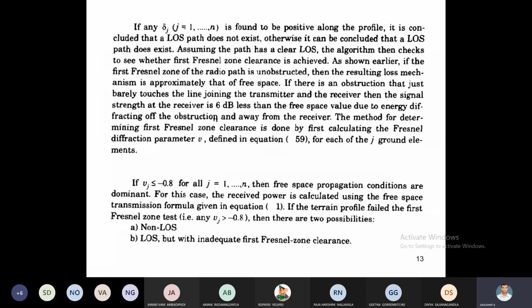Already we discussed. Suppose in this terrain profile we are increasing the height of the antennas, right? It fails. Suppose it fails the Fresnel zone concept. Here, what are the other possibilities? The first one is non-LOS, non-line of sight path. The second one is LOS path.